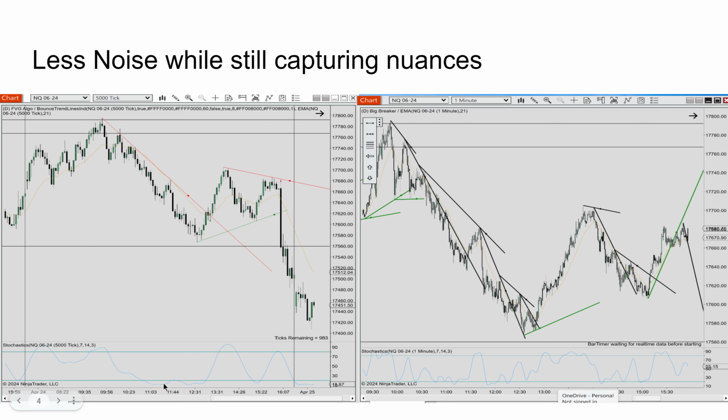Look at this stochastic. Stochastic is really, really low. You would expect continuation, so you don't do that. But when you have a price break here, I mean a trend line break, your stochastics is over the 50 level.